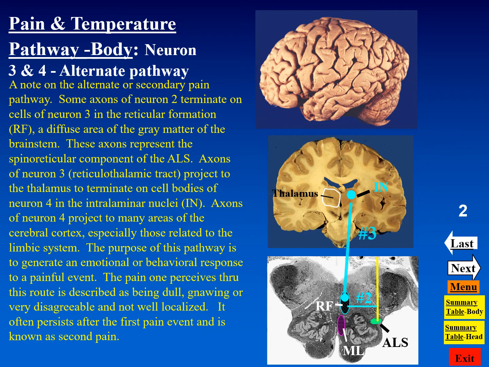It projects to the thalamus, to the intralaminar nucleus of the thalamus, and then from there it diffusely spreads throughout the cortices. And through this painful event, there are often very emotional or behavioral changes or responses to this pain. And that's why it can be somewhat debilitating to the patient.